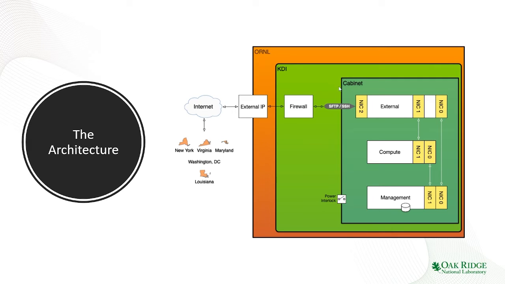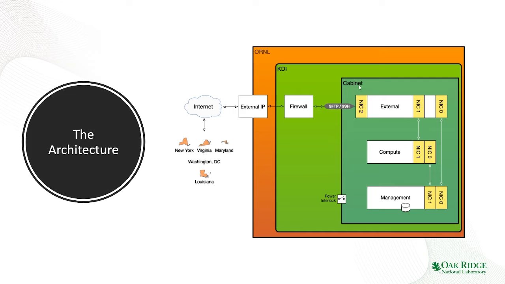Once you're inside there, we get to the actual cabinet that holds our stuff. And you see there's only SSH, SFTP connections that are permitted here. And you're inside the cabinet. There's a power interlock. We'll come back to that in a few moments. But there are three main computers in here: an external, a compute, and a management node. And you see the network interfaces are well defined.